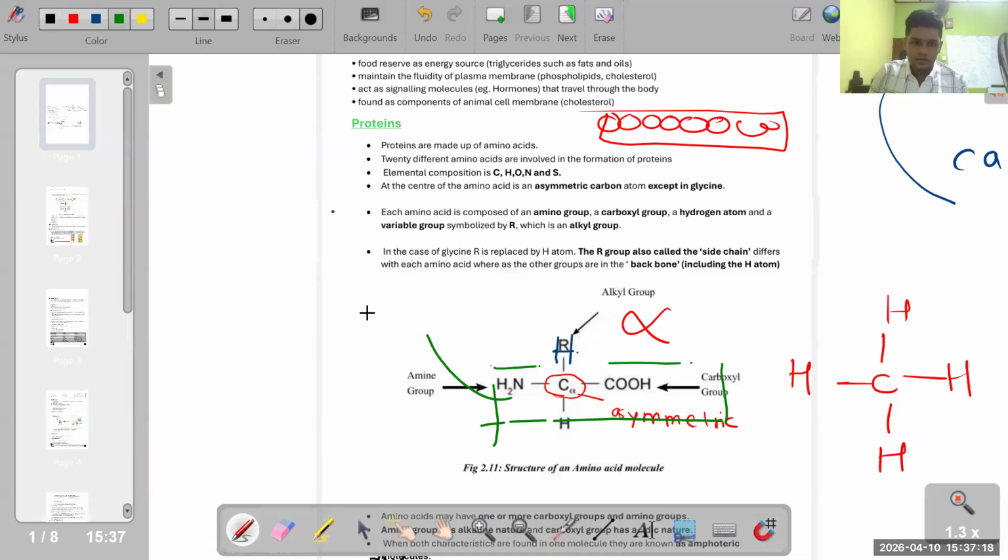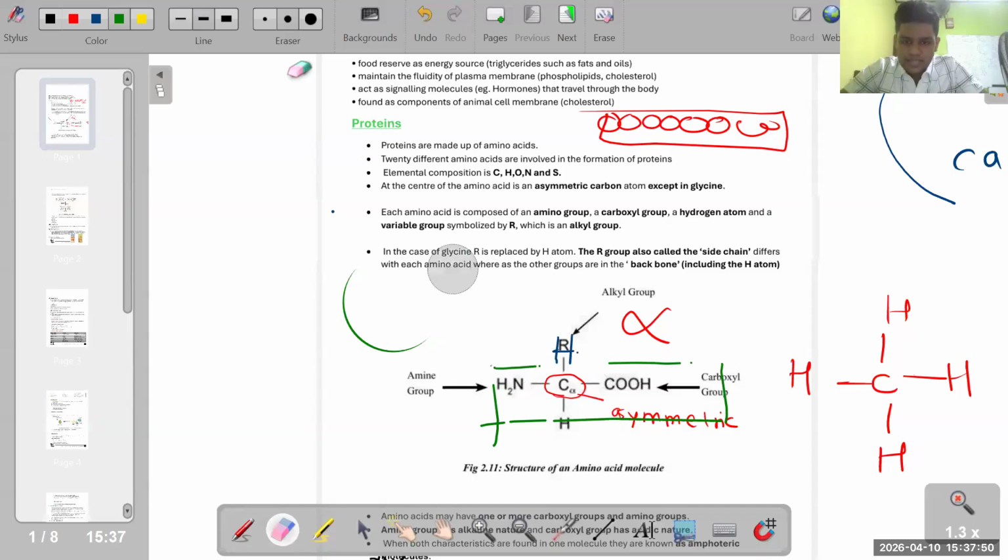It is the one that is called the backbone.